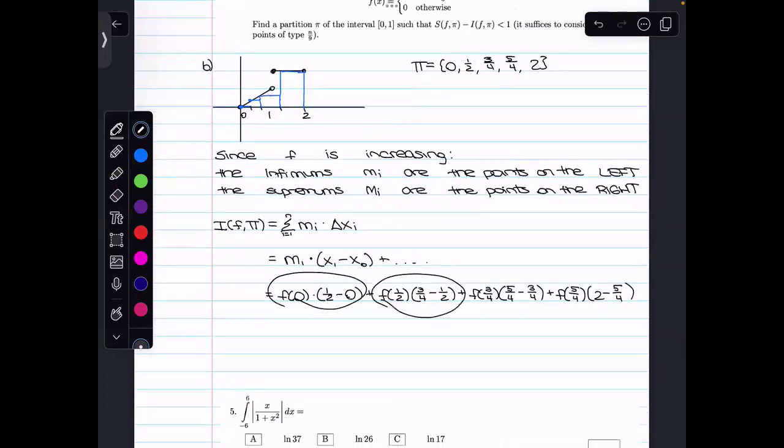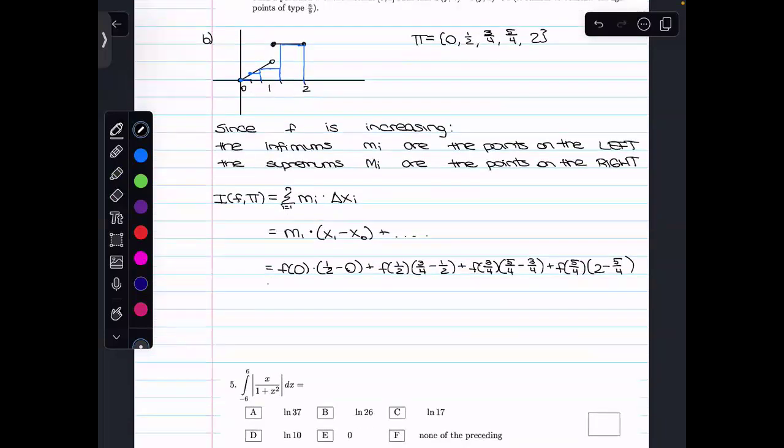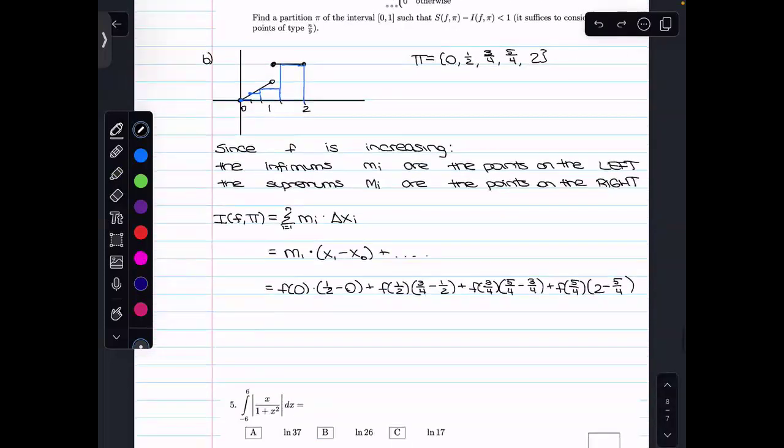If you had accidentally kept on going, you might realize that you did one more calculation than you should have. In the end, it's just length times height. The notation, I think, overcomplicates it. It's really just about understanding what you're using as the height. The point is that if it's increasing, it's always the point on the left.